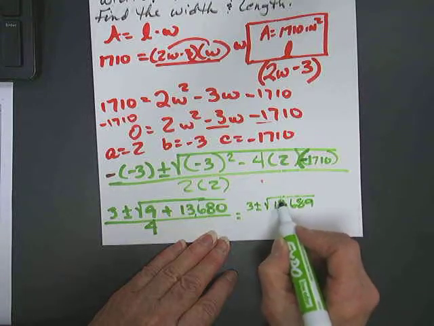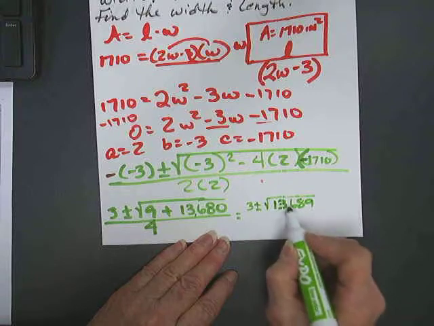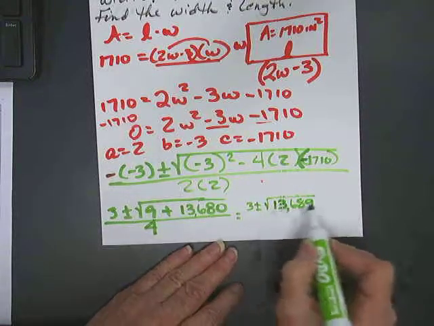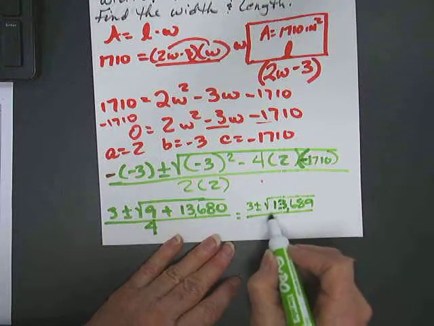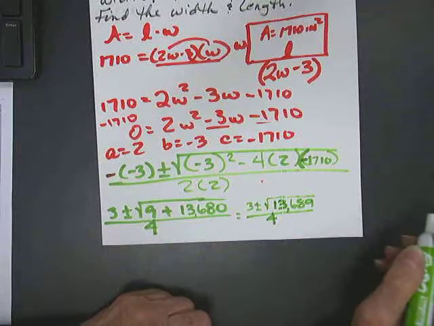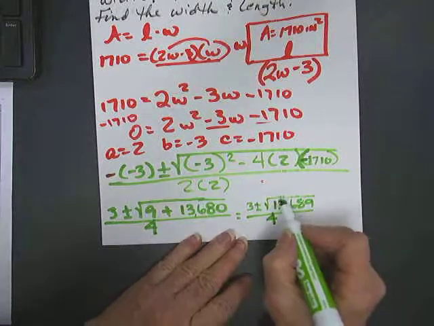So add 9 to that: 13,689. Is that a perfect square?